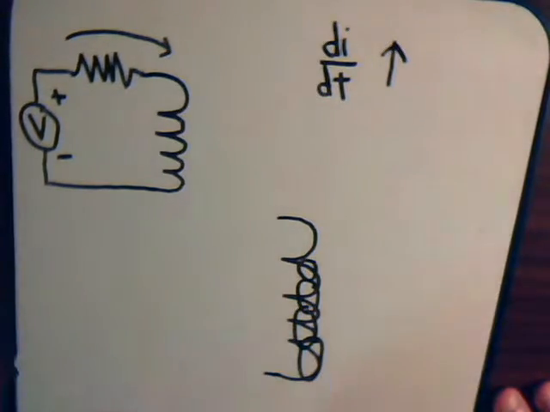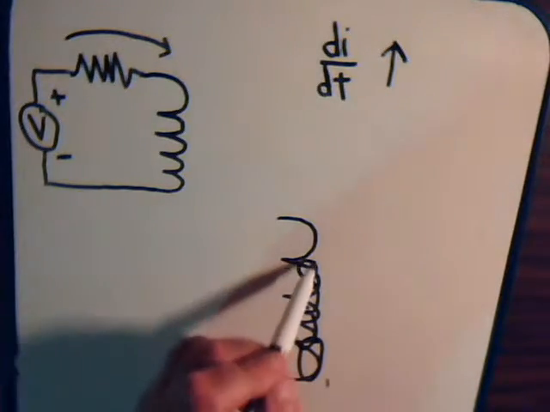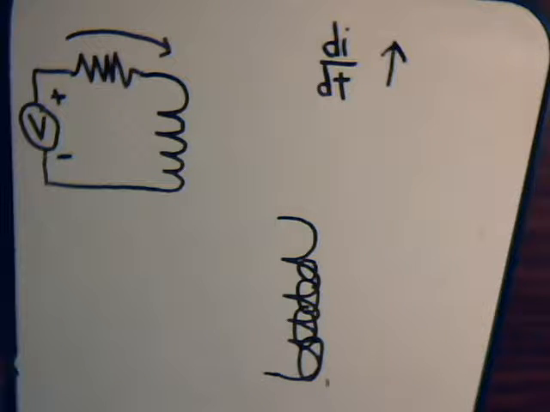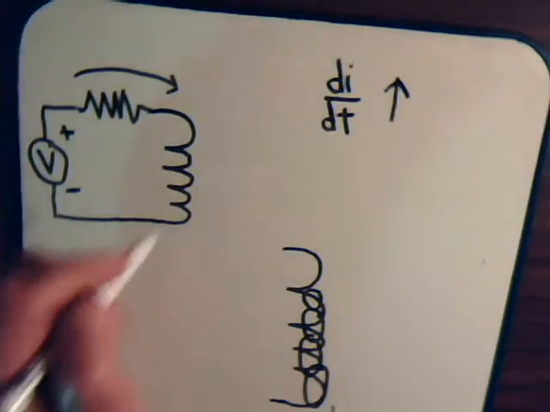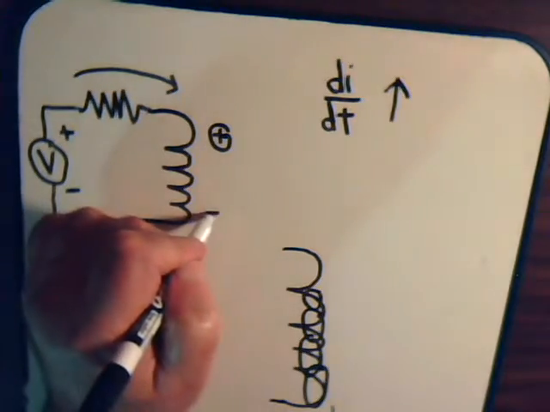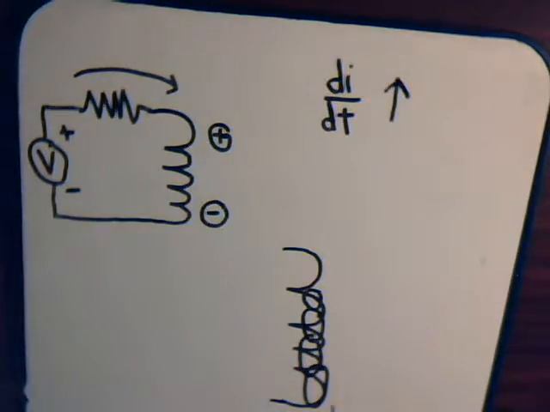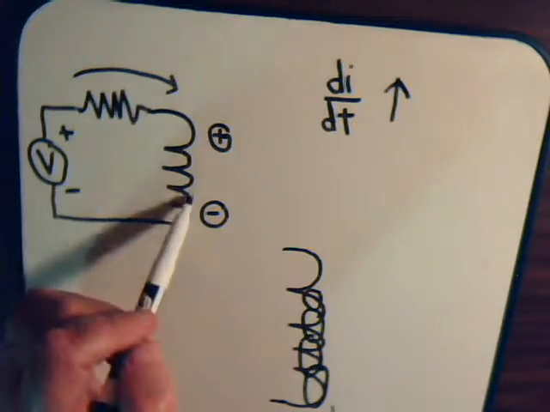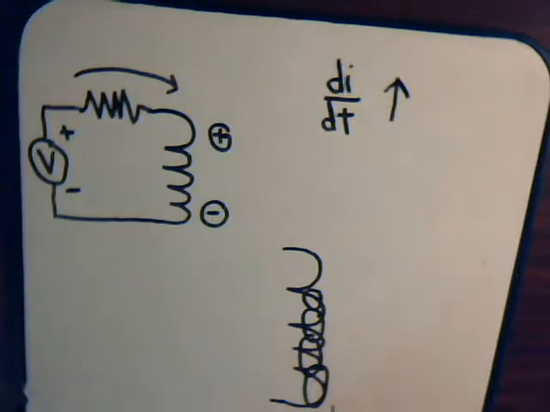Just as in the case of the second conductor, there will be a voltage that's induced, not in the second conductor, but right in the original coil. And the polarity of this induced voltage is such that it opposes the current that's being fed into the coil from our original source.